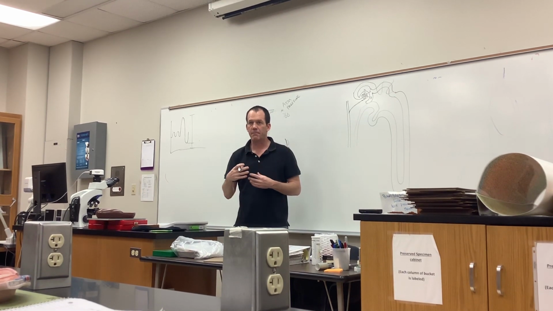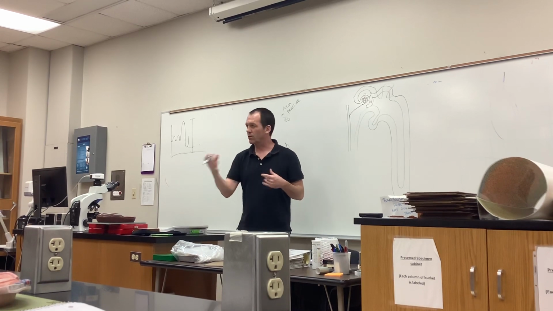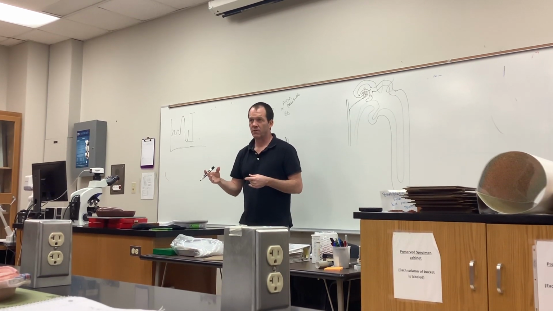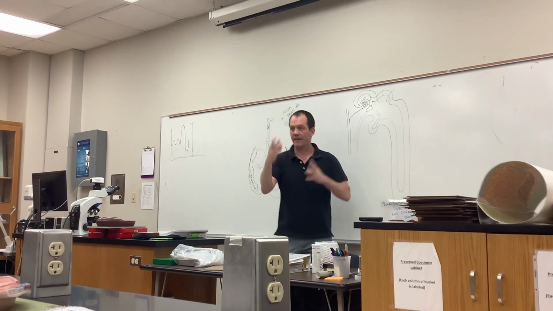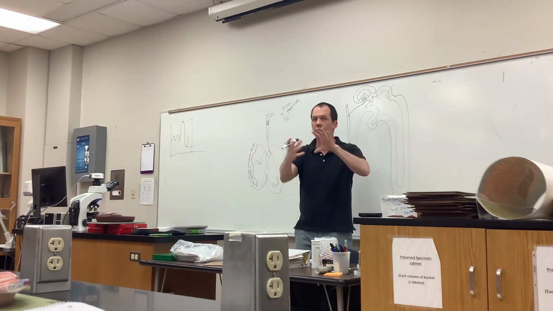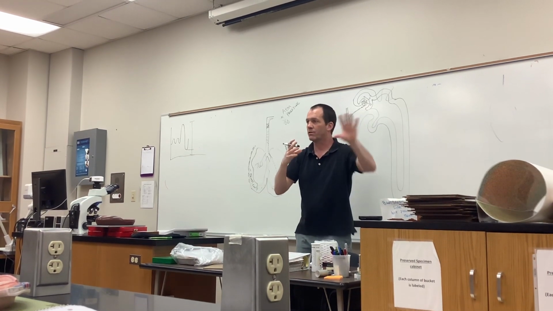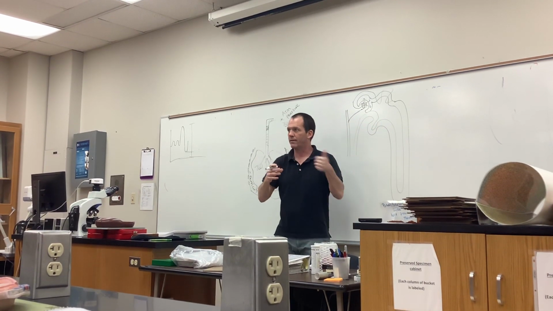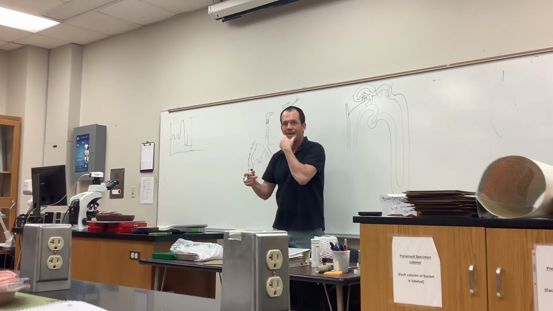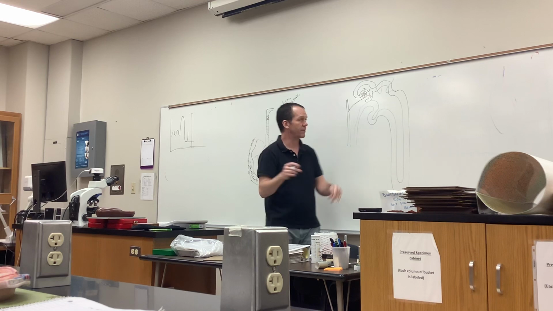So reabsorption is taking back this stuff. You're going to get back water and some salts and glucose and some urea even. And then secretion, it's not really at the end, but those two things, reabsorption and secretion, go hand in hand, where you're trying to take back water and take back some of the things you need, and you're trying to shove out into this tube things you don't want, like urea, uric acid, some extra salts, that kind of stuff.